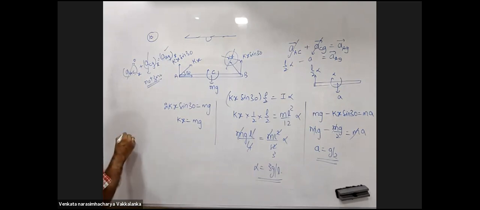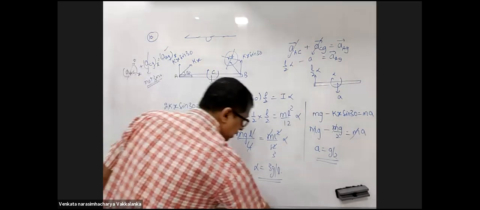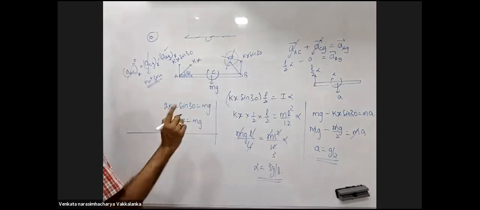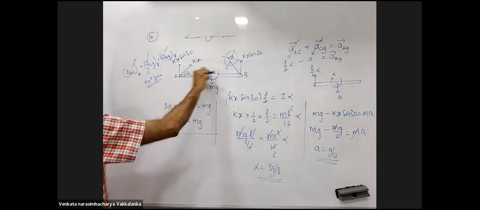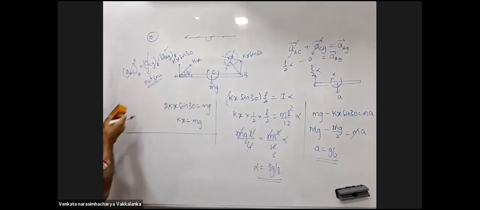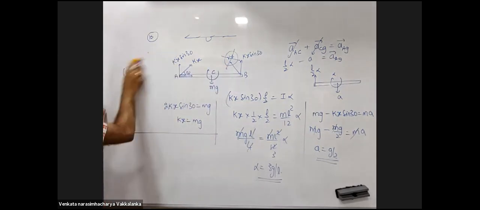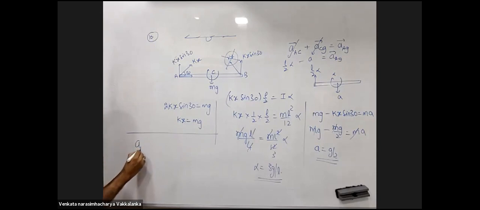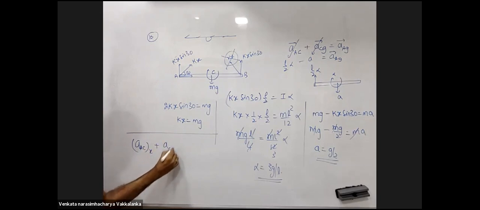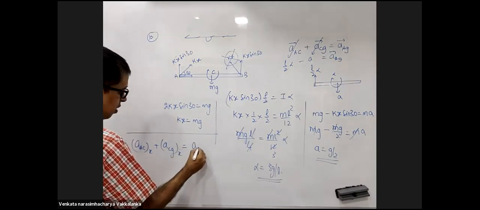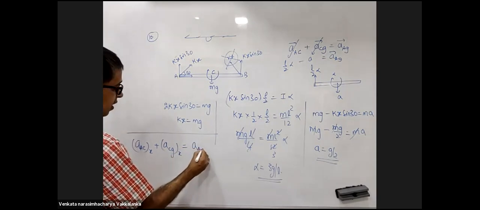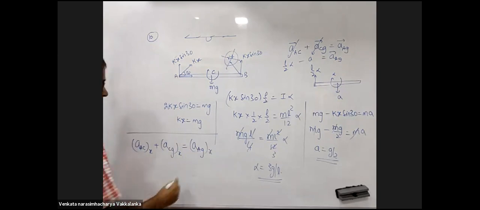If somebody is interested in calculating the horizontal acceleration, which is an unnecessary confusion introduced in the class by the student, I'll rewrite this. Acceleration of A with respect to center of mass along x-axis plus acceleration of center of mass with respect to ground along x-axis is acceleration of A with respect to ground along x-axis.